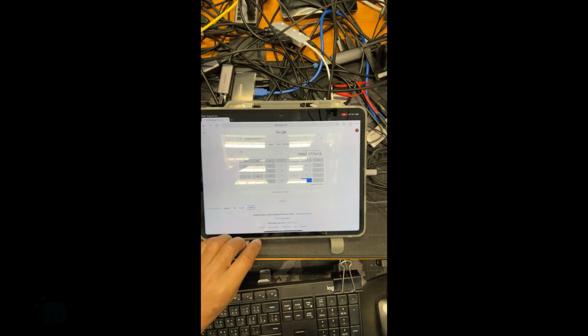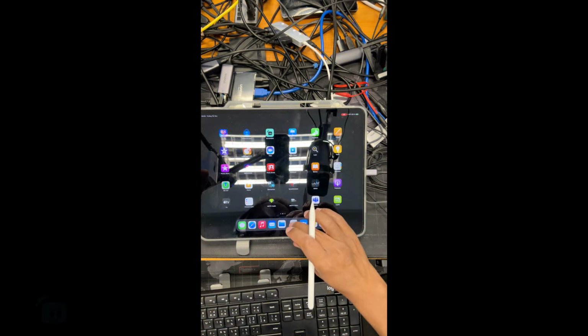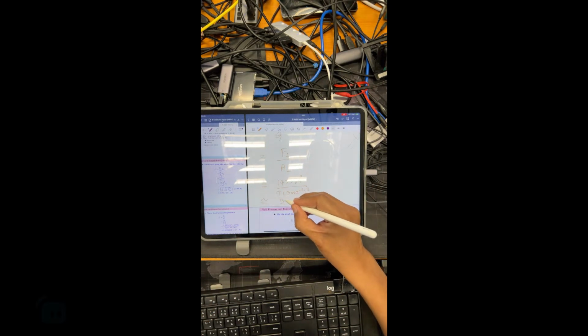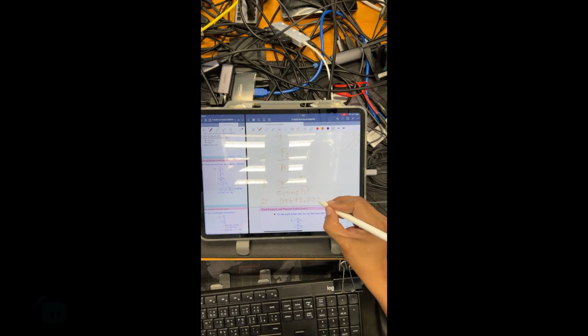This is the force F1 divided by pi times 5e minus 2 squared, right? So you get the result like that: 59892.077 blah blah blah, right?